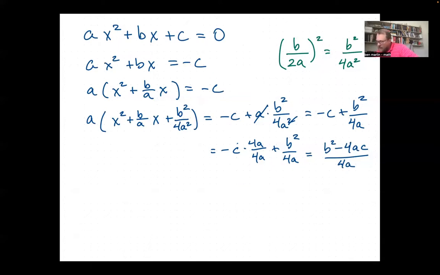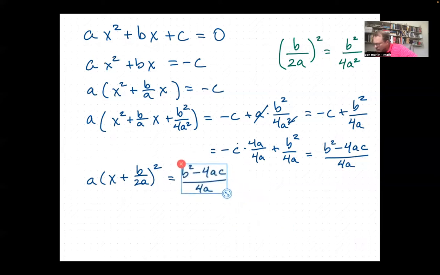And now on the left-hand side, I will have x plus b over 2a quantity squared. And you're probably worried about this a out front. But since I'm going to take this part, see if I can save myself some handwriting. Copy and paste. Come on, paste.